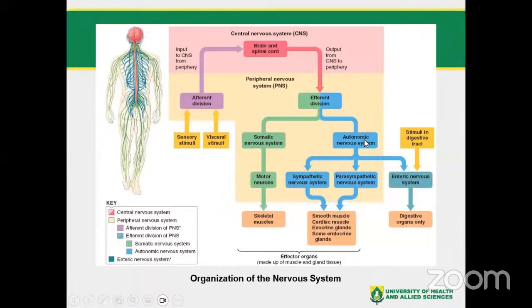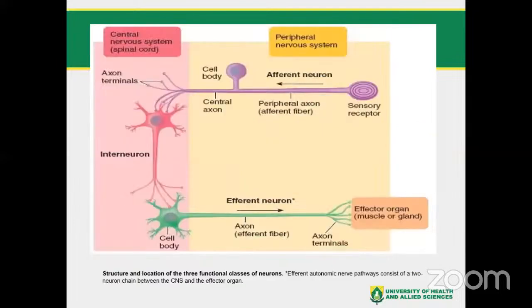Remember, the autonomic is the same as the visceral, and it is divided into sympathetic and parasympathetic, and we may also have the enteric nervous system. So just by revision, that is what we have.